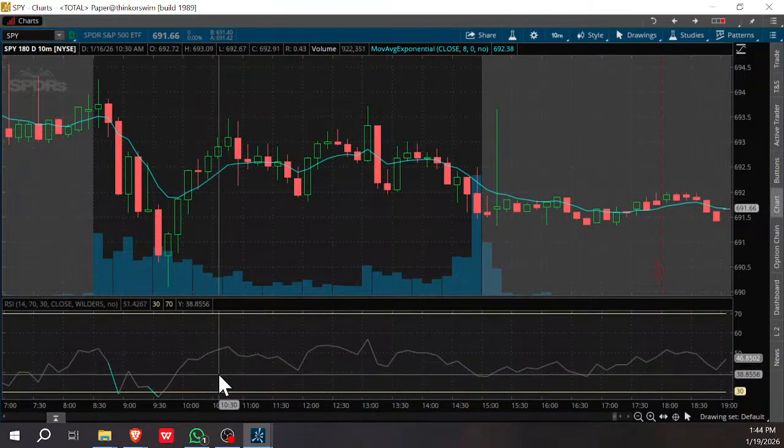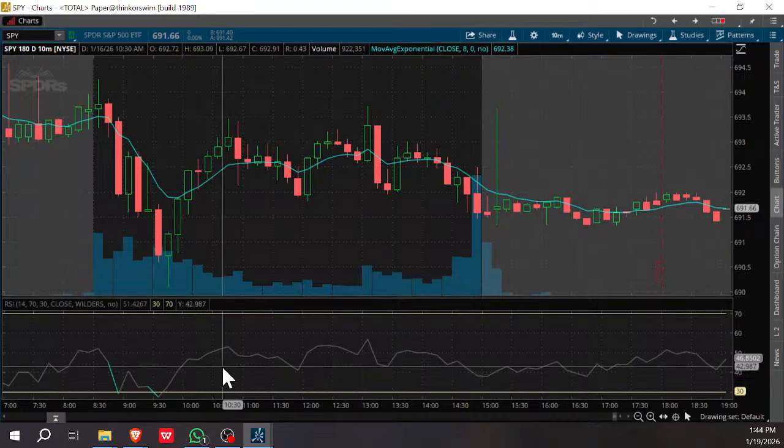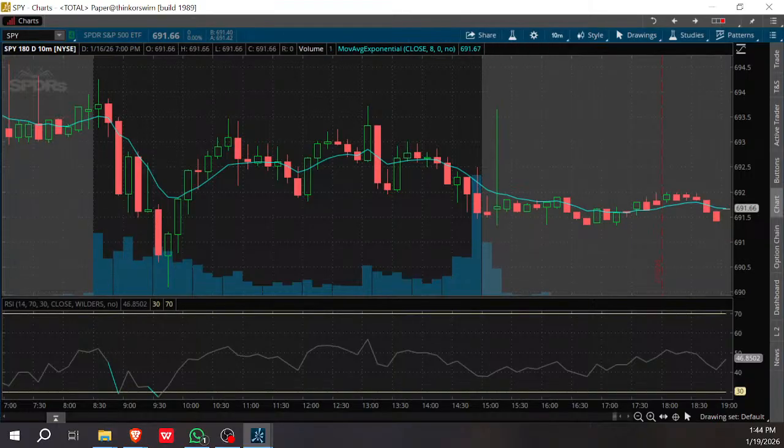The RSI break over 50 because the RSI is like a momentum indicator. You can do the MACD.